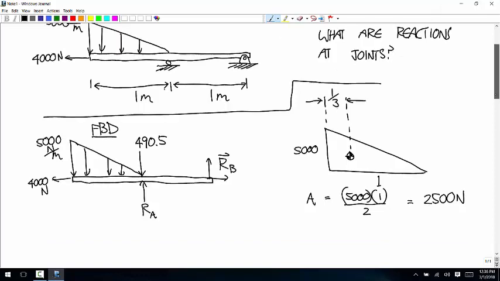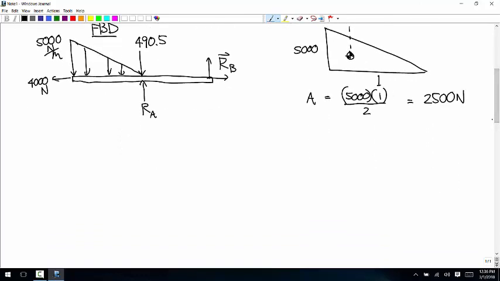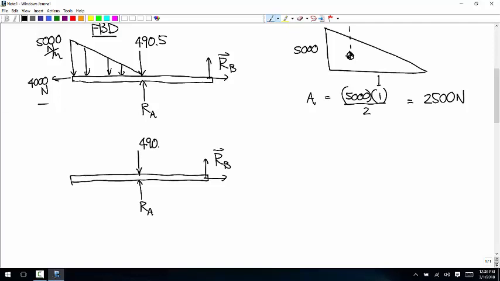So now I'll redraw this free body diagram. We have the force vector RB. We have the upward force RA. The downward force 490.5.